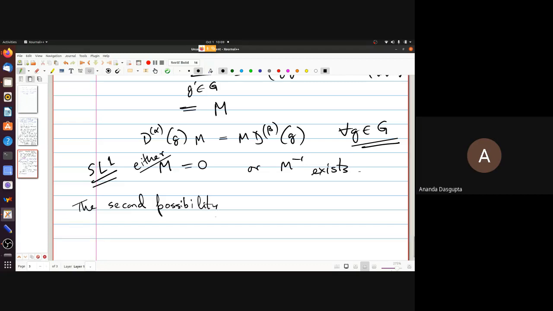But the second possibility exists or is achievable, let's put it that way, only when, remember what were our assumptions? That d alpha and d beta are either inequivalent or identical. Okay? So if M inverse exists, then they're equivalent.